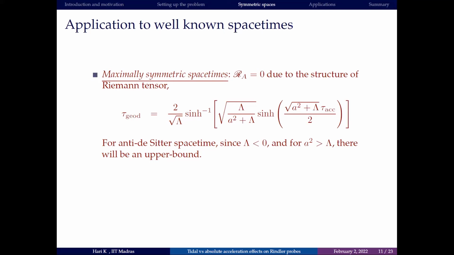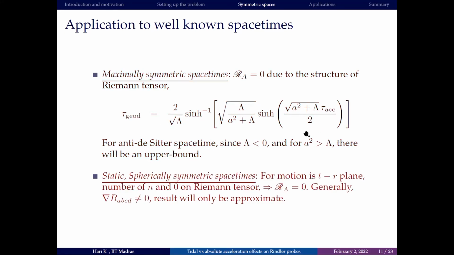First we will discuss maximally symmetric spacetimes. For a maximally symmetric spacetime, R_A will be 0 due to the structure of the Riemann tensor, and the gradients, nabla R_ABCD, will also be 0. So we get an exact relationship between tau geodesic and tau acceleration.